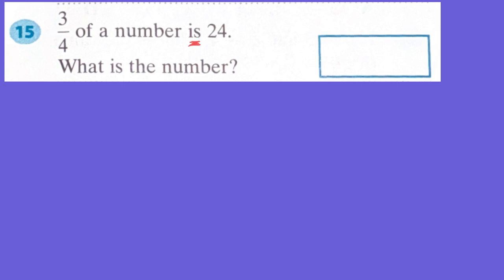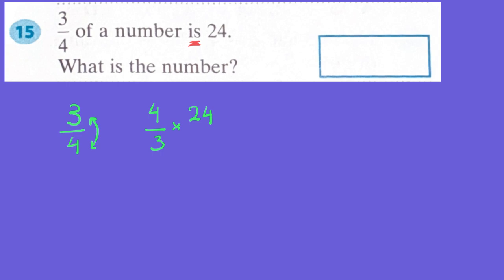To find out what the number is, we will take 3/4 and what we will do is swap these two, the numerator and the denominator. So that will become 4 on 3. Just a swap. And now we can multiply this by 24.